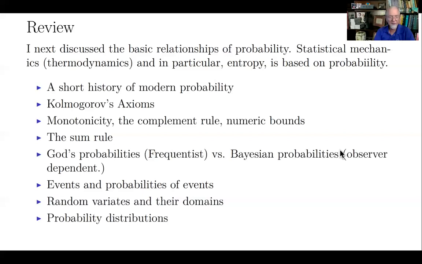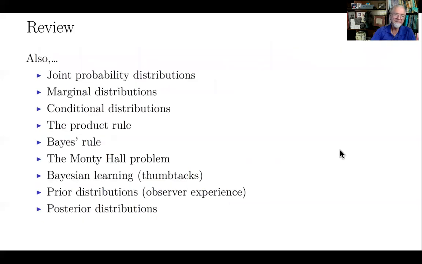So the sum rule, the difference between God's probabilities, frequentist versus Bayesian probabilities, observer dependent. Events and probabilities of events, which are not the same thing. Random variates and their domain, and probability distributions.